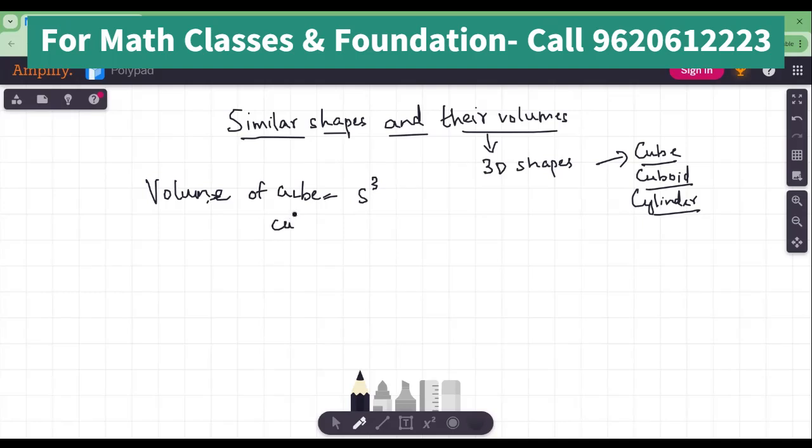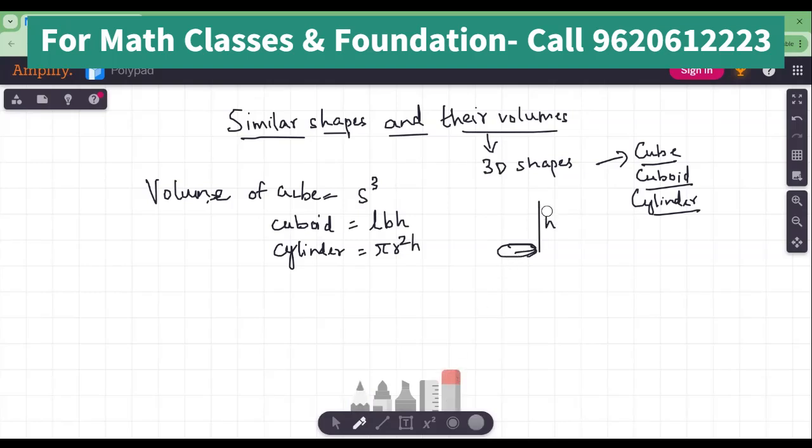Volume of a cuboid is given by length times breadth times height, where a cuboid has a length, breadth as well as height. And volume of a cylinder is given by pi r square h. R is the radius of the circle below and h is the height of the cylinder. So all these basic ideas you should know.